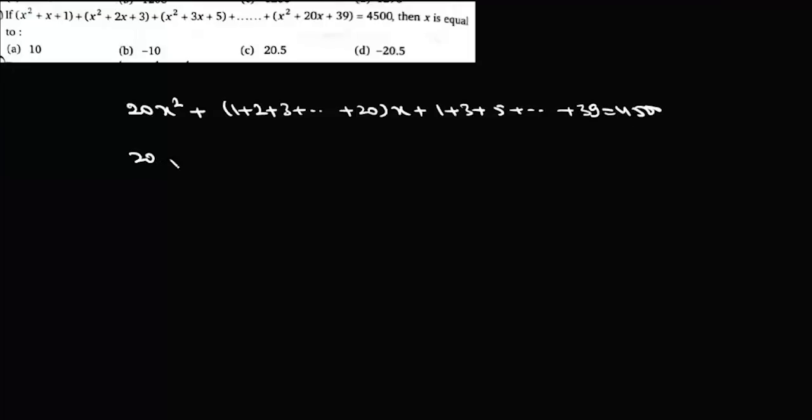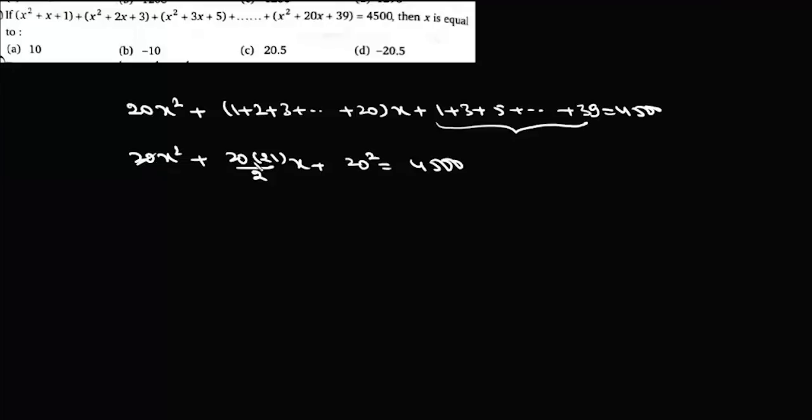Now this is 20x square. Now this is n times n plus 1 by 2 times x, and this is the sum of first 20 odd natural numbers, and it is equal to n square. That will be equal to 20 square, and this is 4500.